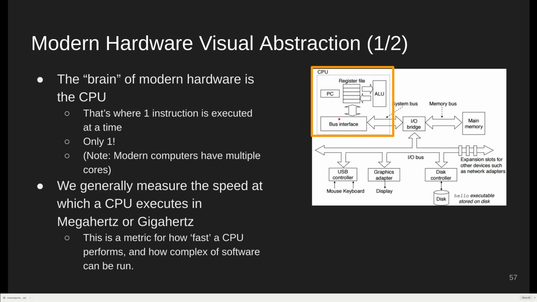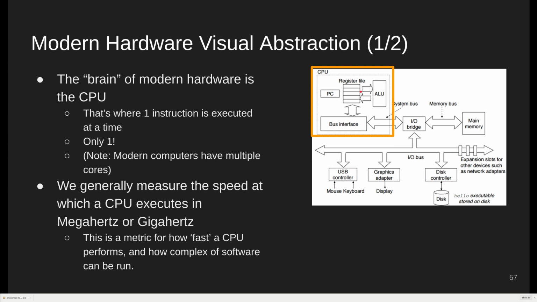In your CPU, maybe you've heard about microprocessors, and Intel makes them, and AMD, and one or the other makes them better, or Qualcomm or ARM, or all these, Apple makes their own CPUs now. And really this is just where one instruction is executed at a time, only one in the CPU.